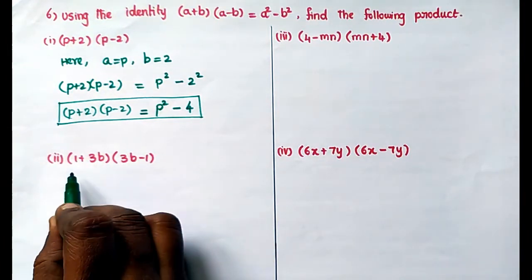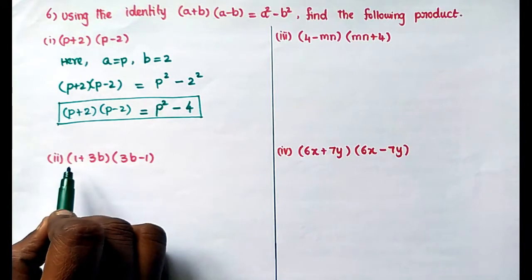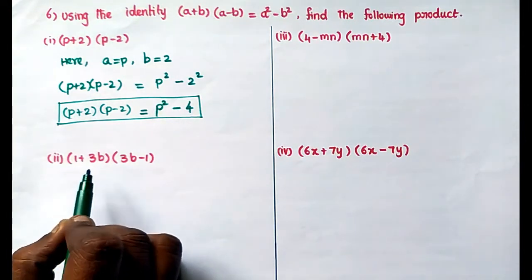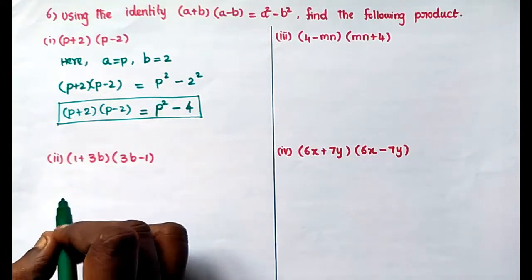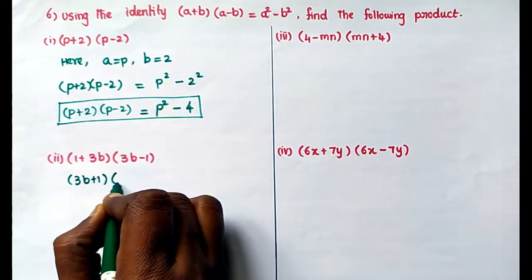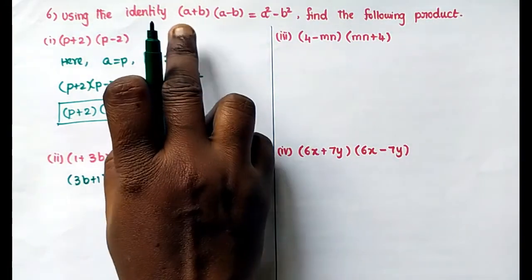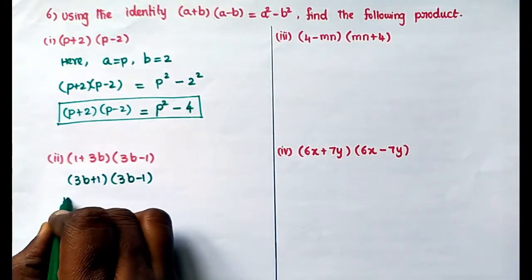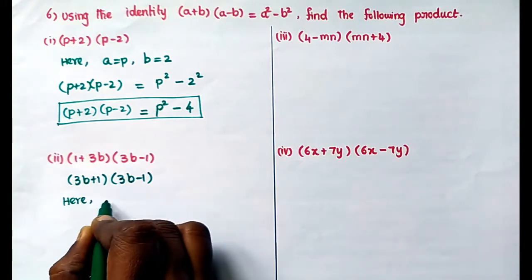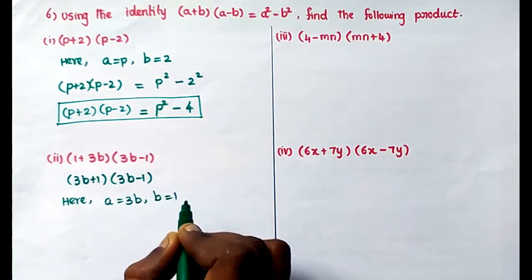Next one, (1 + 3b)(3b - 1). We can write this 1 plus 3b as 3b plus 1. So (3b + 1)(3b - 1). It is in the format (a + b)(a - b). Here a equal to 3b and b equal to 1.